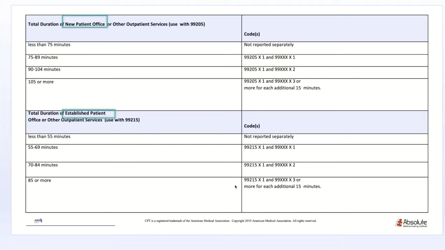You will use these guidelines, all right? And also in your parenthetical guidelines at the code level, it will tell you to use these guidelines in this chart.